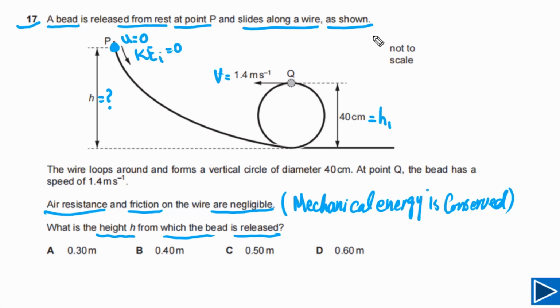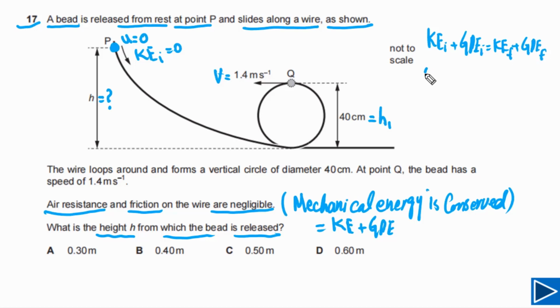So we will use conservation of mechanical energy. Mechanical energy is equal to the sum of kinetic energy and gravitational potential energy. Since mechanical energy is conserved, kinetic energy initial plus GPE initial has to be equal to kinetic energy final plus GPE final.